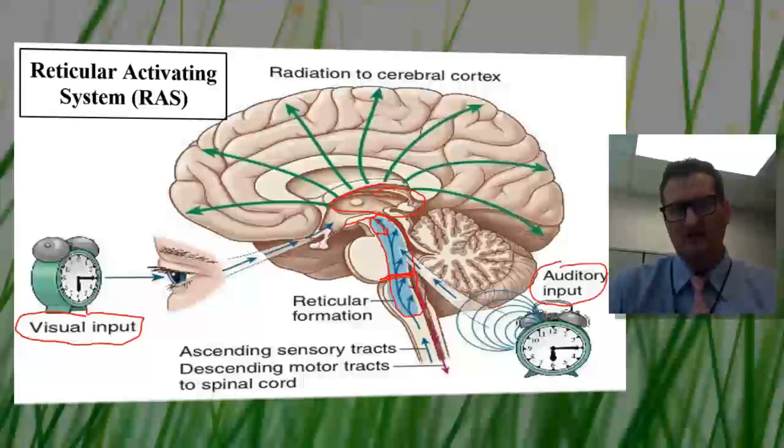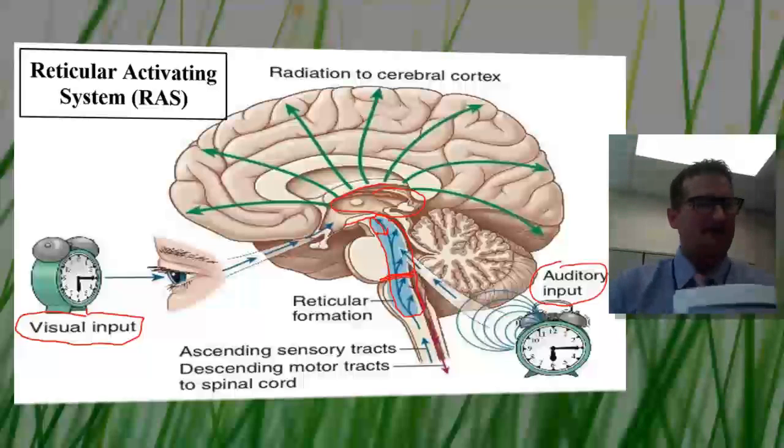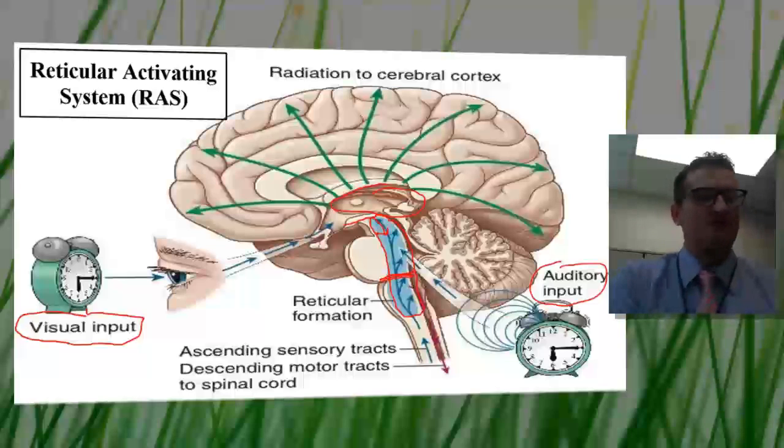So general anesthesia is a hypnotic that suppresses the RAS. It also has tracts that extend to the spinal cord that are involved in posture and equilibrium. Basically, consciousness begins in the RAS.